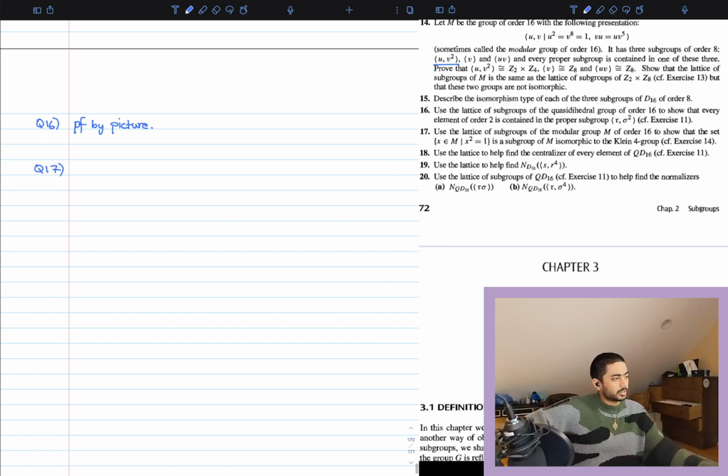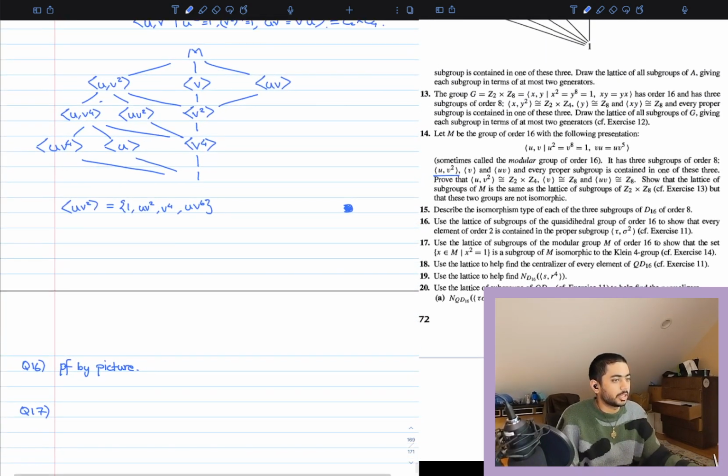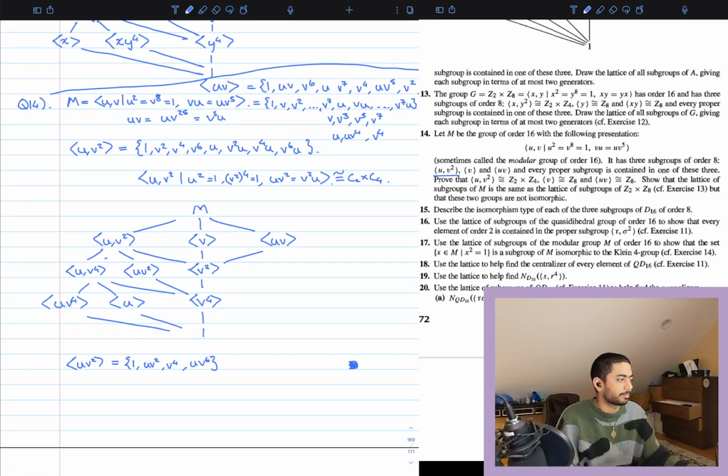Show that the set of order 2 elements, or I guess the 2-torsion elements, is a subgroup of M isomorphic to the Klein 4 group. So which one was the modular group? This is question 14. So over here. So all the elements such that x squared equals 1 is a subgroup isomorphic to the Klein 4 group.